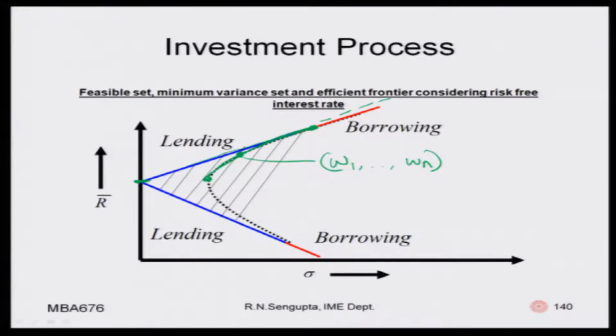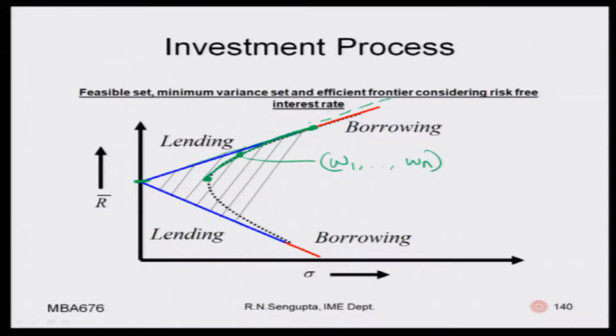Using that you have already found the maximum point. So join the maximum point and the risk free interest rate, and immediately you get the efficient frontier for the new case, where n number of risky assets plus the (n+1)th, the risk free interest rate.